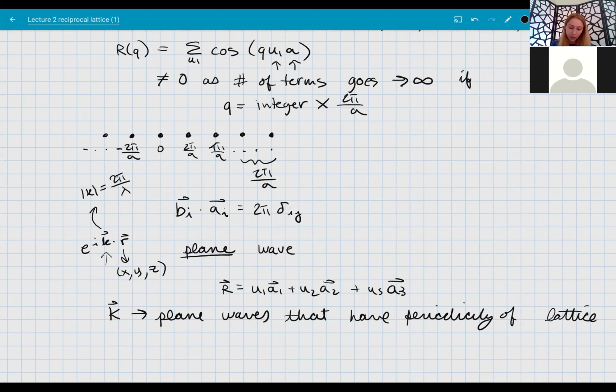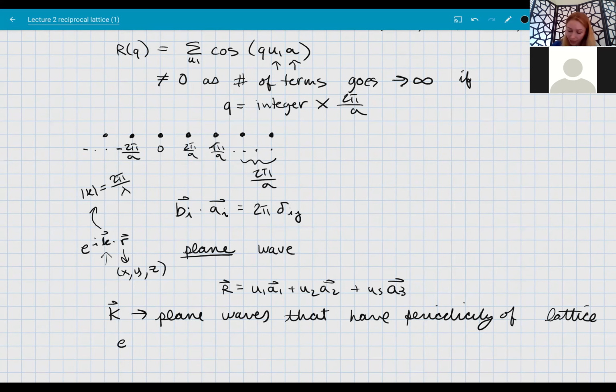All right. So it turns out that this set of plane waves is basically the reciprocal lattice. So the values of plane waves that satisfy this statement, they make the reciprocal lattice. So let's state this mathematically.